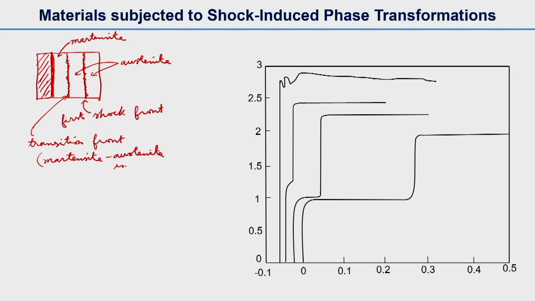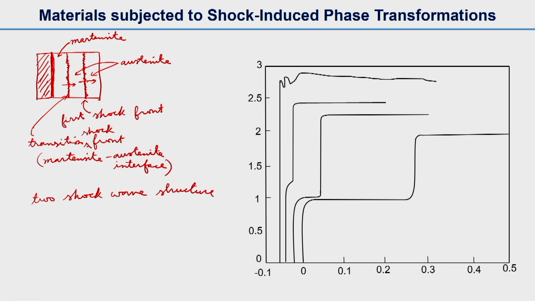That interface will also be going forward in this direction. So this is the first shock front, and that is, we would say, the transition shock front. So there will be two shock fronts here, so that's why it is called a two shock wave structure.